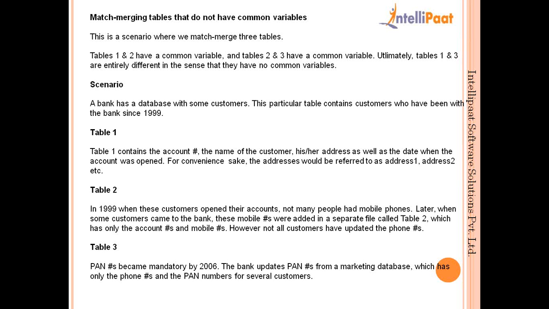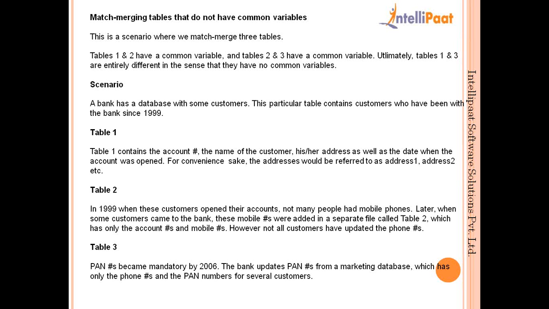One table contains the account number, the name of the customer, the address, as well as the date the account was opened. For convenience, the address would be referred to as address 1 and address 2. In 1999, when these customers opened their accounts, not many people had mobile phones.